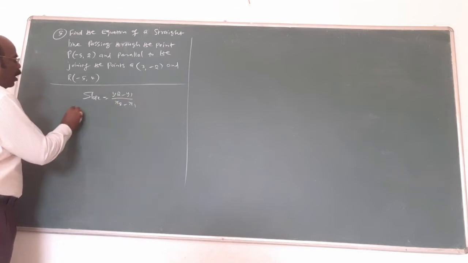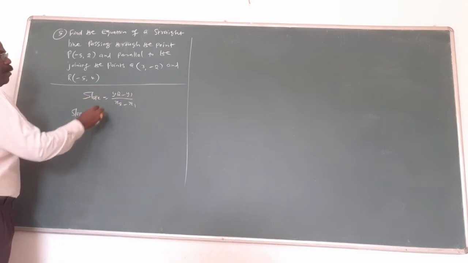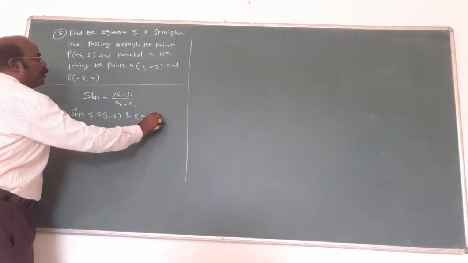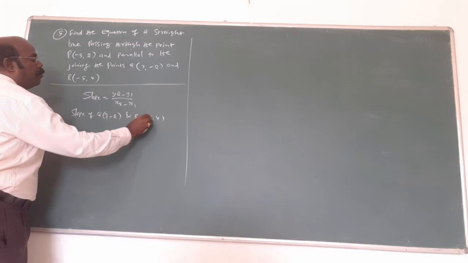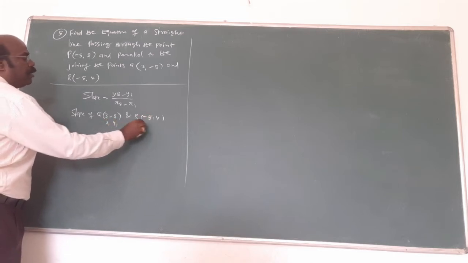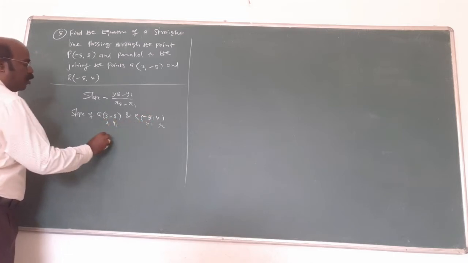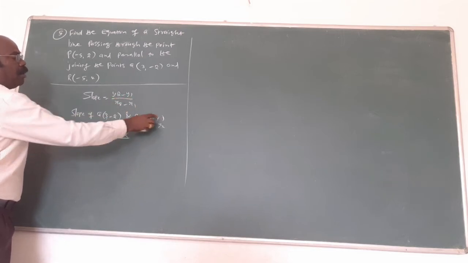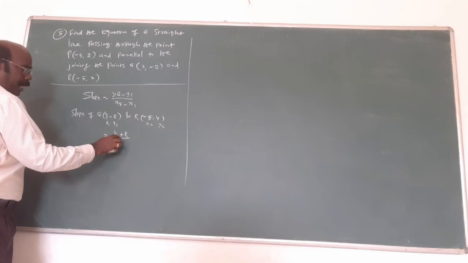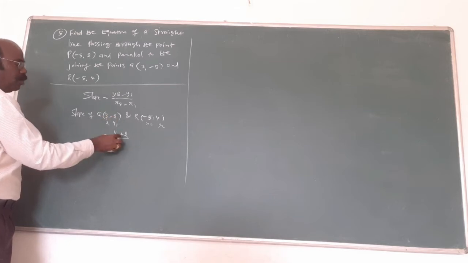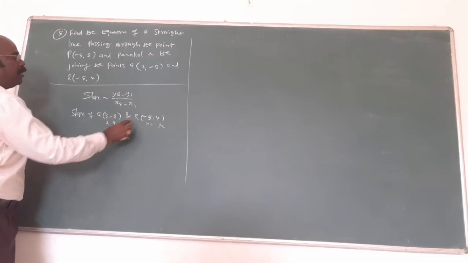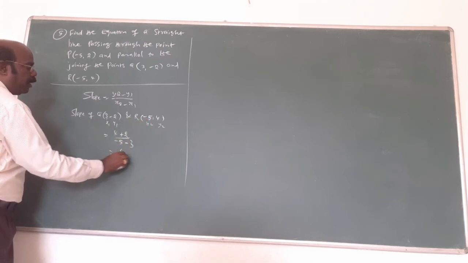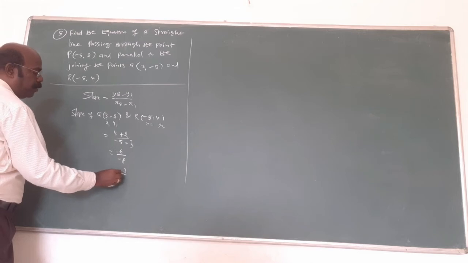Okay? Now, slope of QR. Q is (3, minus 2) and R is (minus 5, 4). In x1, y1, x2, y2, slope equals y2 minus y1 over x2 minus x1. y2 is 4, minus y1 is minus minus 2, plus 2, so 6. x2 minus x1 is minus 5 minus 3, which is minus 8. So 6 divided by minus 8 is 3 by minus 4.